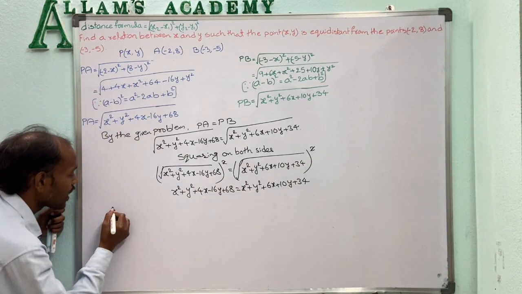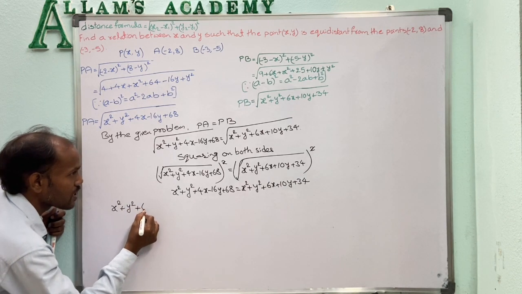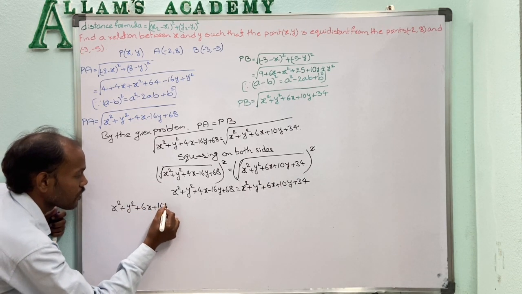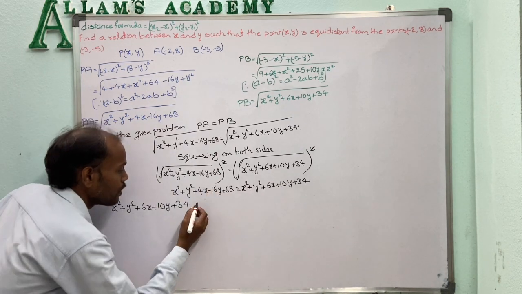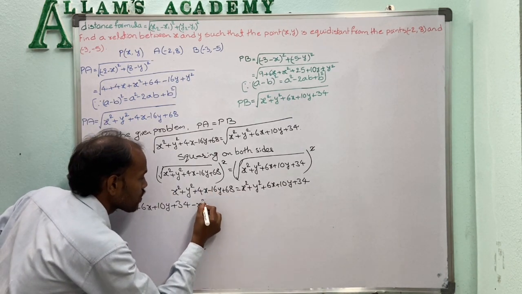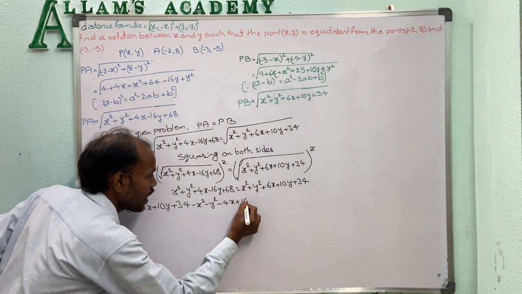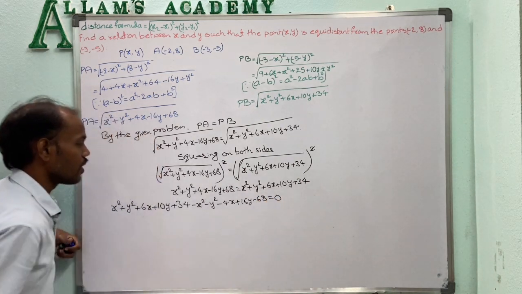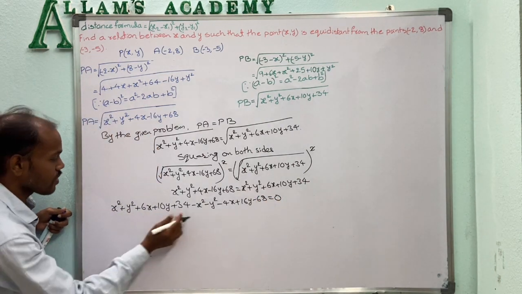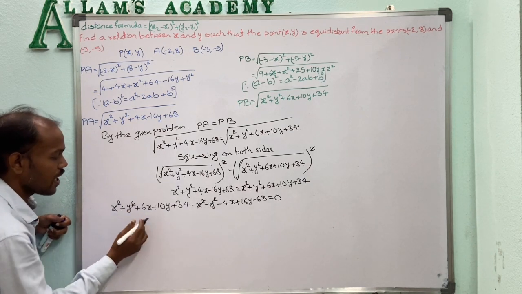Then it can be written as x square plus y square plus 6x plus 10y plus 34, now these will be minus, so minus x square minus y square minus 4x plus 16y minus 68 is equal to 0. Now x square minus x square gets cancelled, y square minus y square gets cancelled.